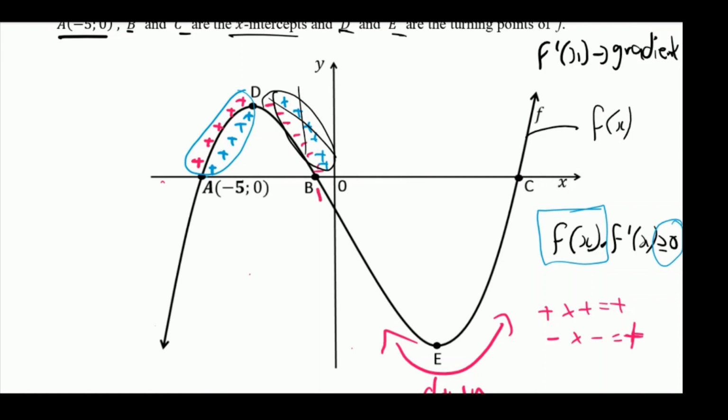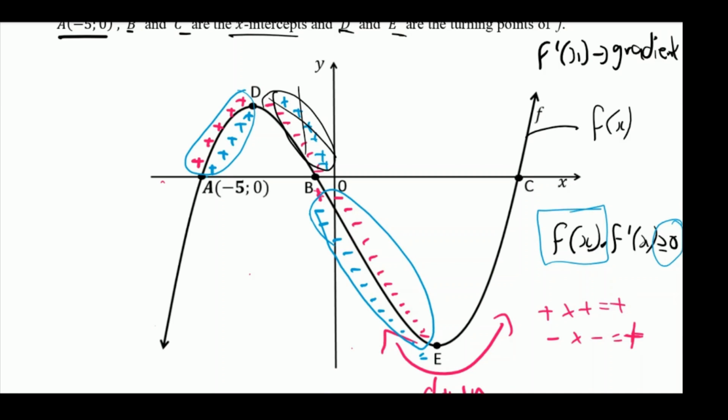The y values are negative at this point, and the gradient is decreasing, so it's negative, negative. So this works because if you multiply a negative and a negative, it gives you a positive. So this works.